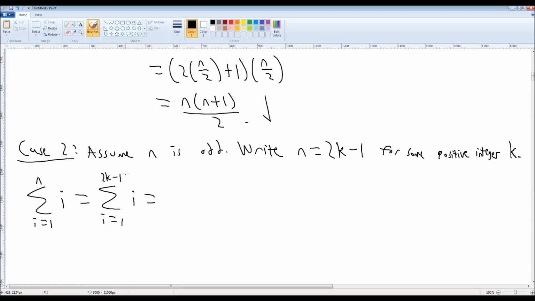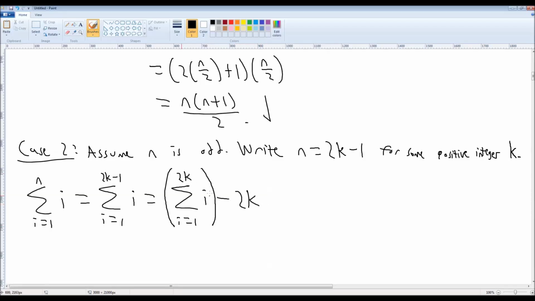Well, what we can do is this is going to be the same as the sum that goes not just to 2k minus 1, but all the way to 2k, minus 2k.